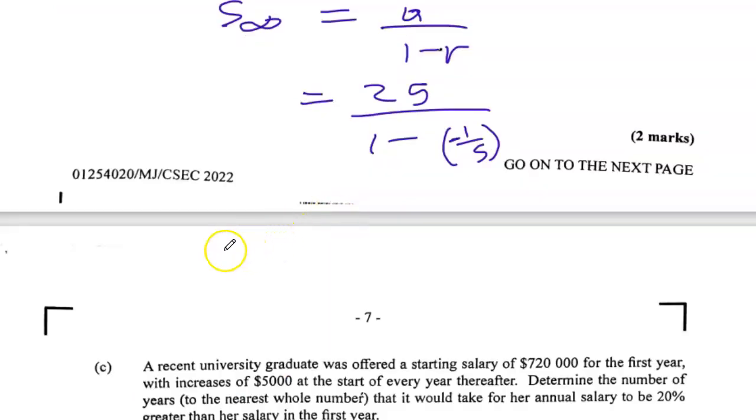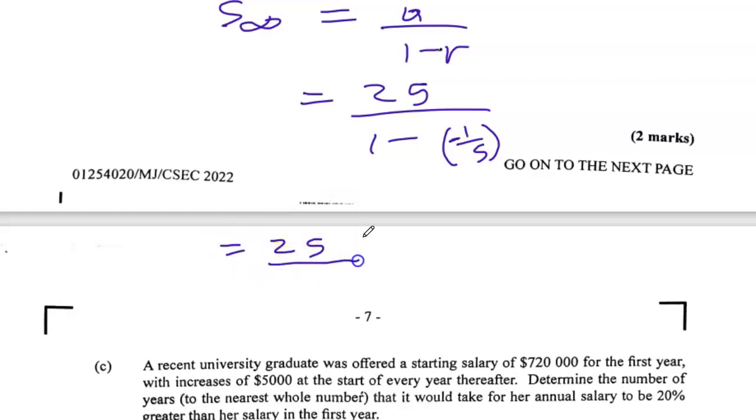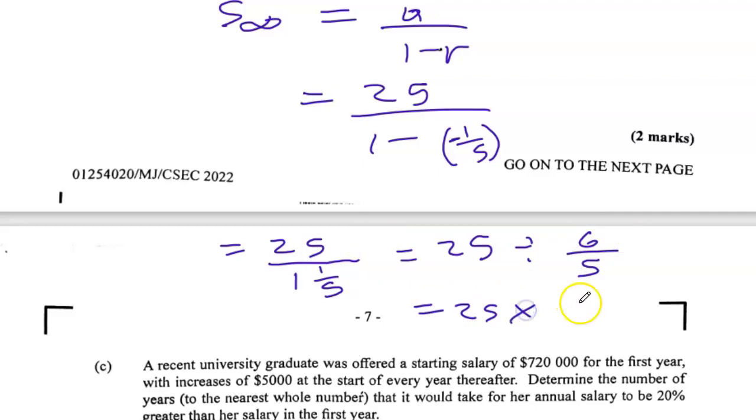So this becomes 25 over 1 plus 1/5, which is equal to 25 divided by 6 over 5. So that's 25 times 5 over 6. Let's flip the 5 over 6.